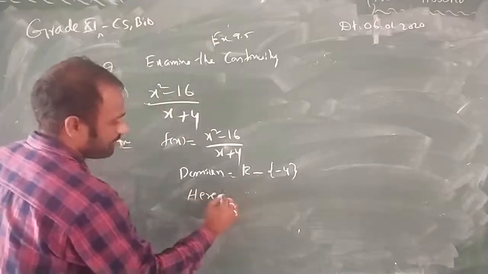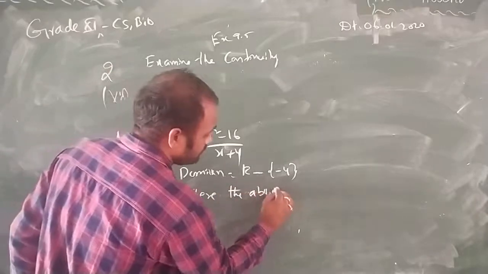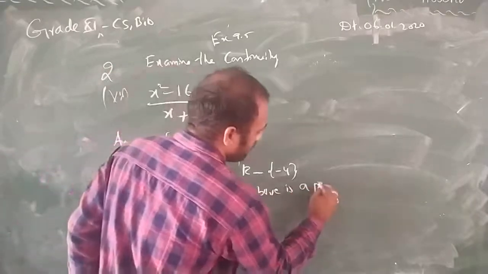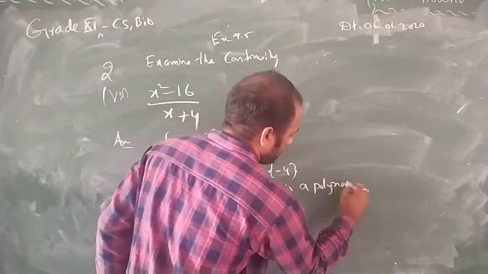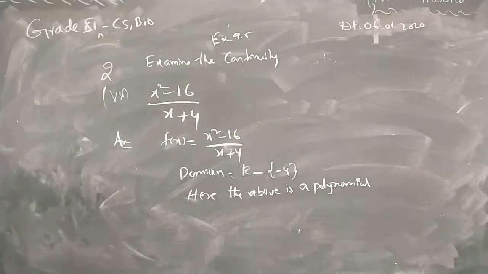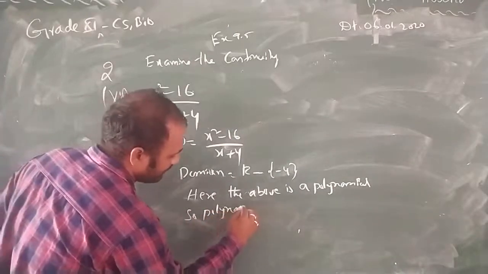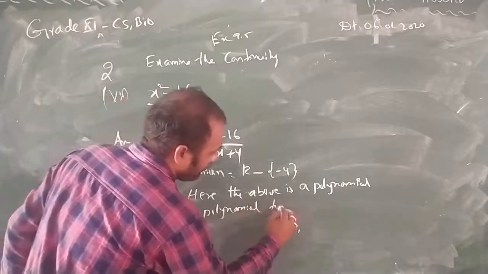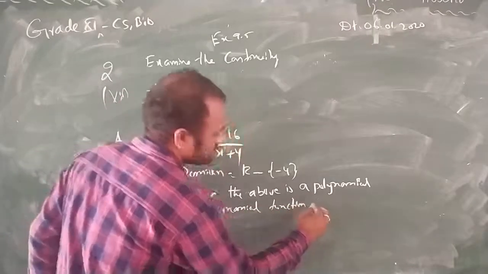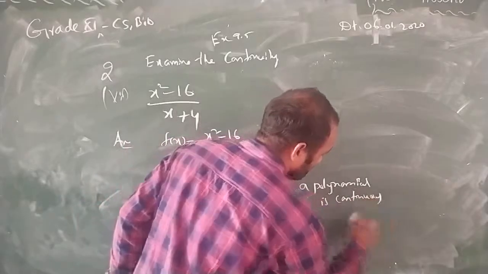Here the above is a polynomial. So polynomials are continuous. Polynomial function is continuous.